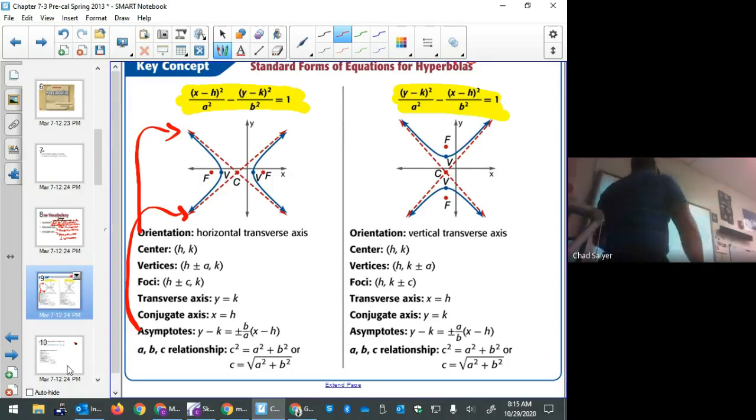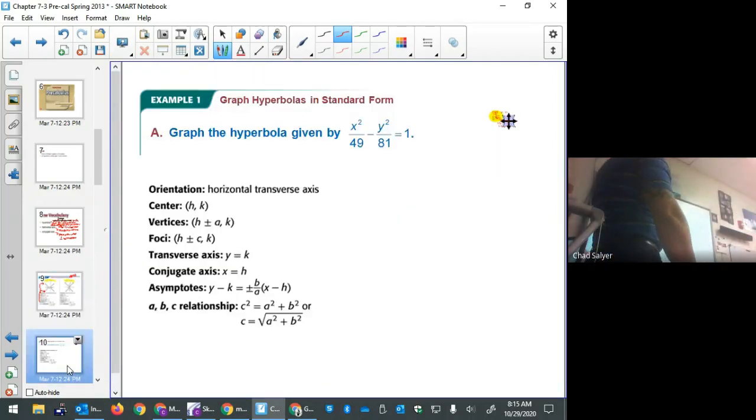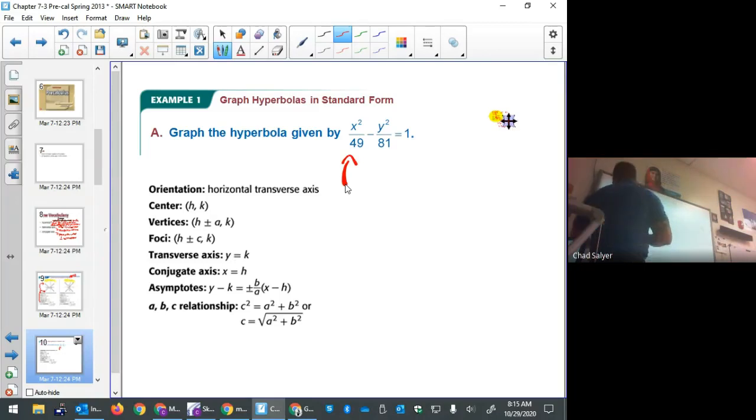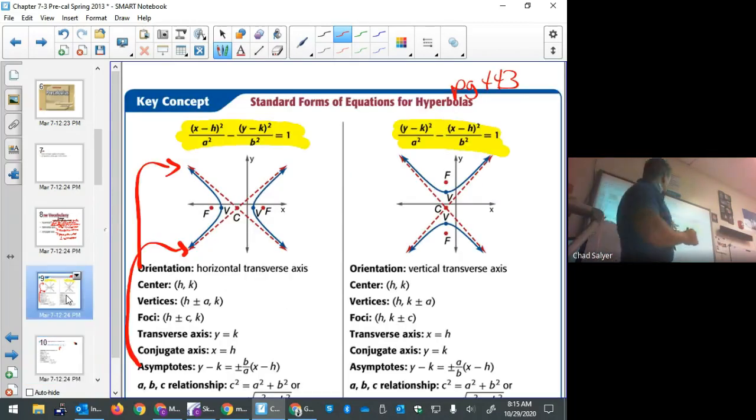Okay, so let's talk about one that's already in standard form. So the a squared and b squared, again, do not vary in this case. It's going to be always the a is under the positive term. So you see how it's whichever one is positive has a squared as its denominator.